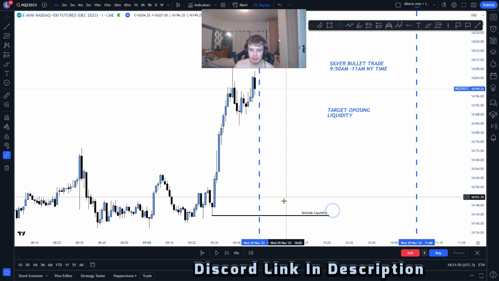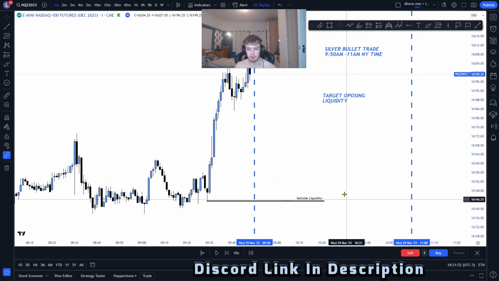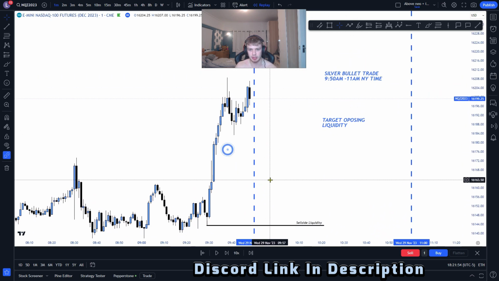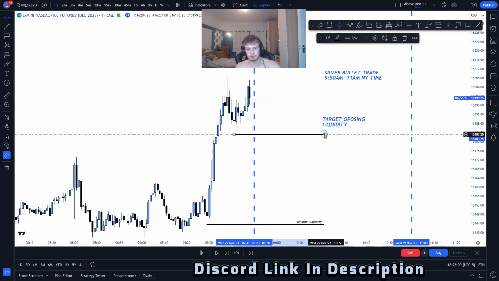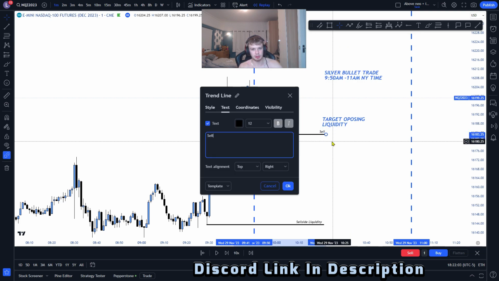So that will be our target for this case for the silver bullet because it is sell side liquidity. You could also target here because this is internal liquidity, so this would be a good spot to put your target to break even if we get into a trade.